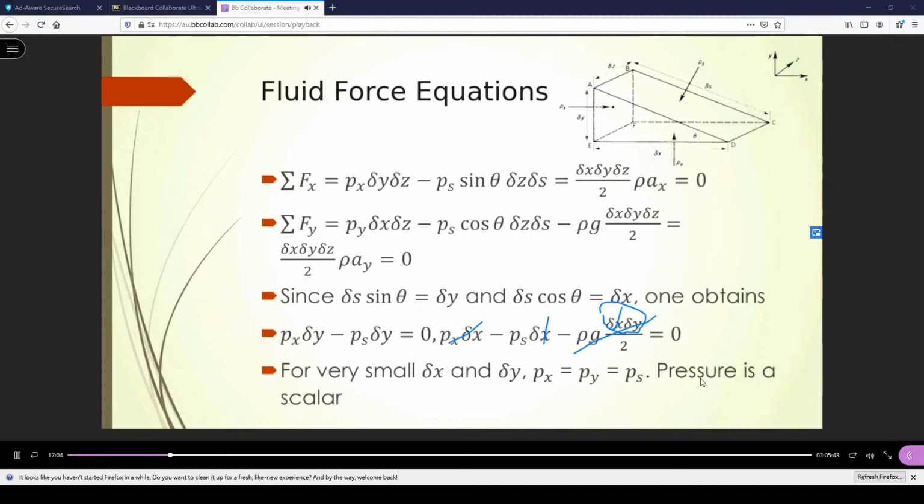Okay, so again, we have PX equal to PS, right? So we prove PX equals PY equals PS. No matter which angle, no matter what the inclination angle is, PX equals PY equals PS.